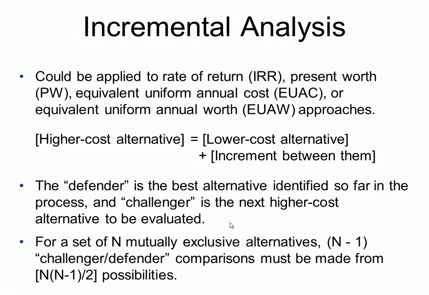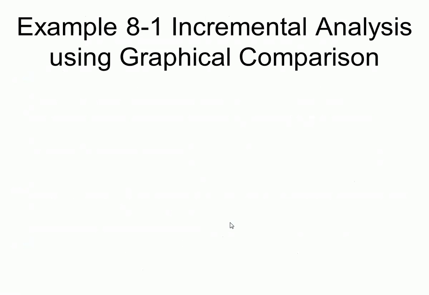Very often the investor has an opportunity to do nothing, and so that would be the lowest initial cost alternative. While some other projects would have some type of initial cost, and then we'll rank those projects in terms of increasing initial cost, and look at only the pairs that are placed next to each other in this ranking.